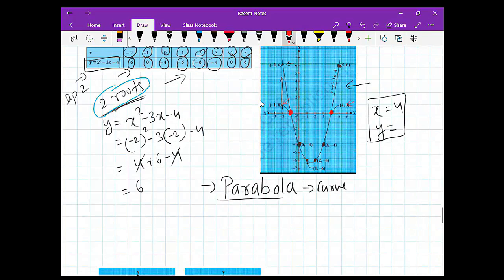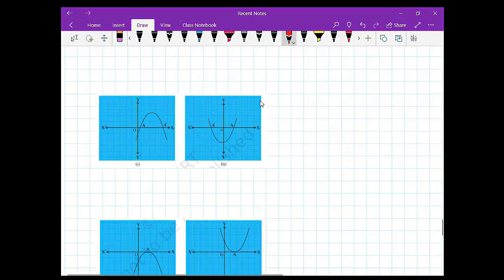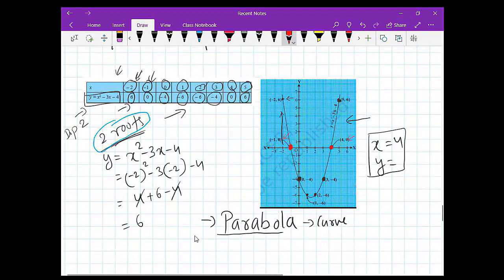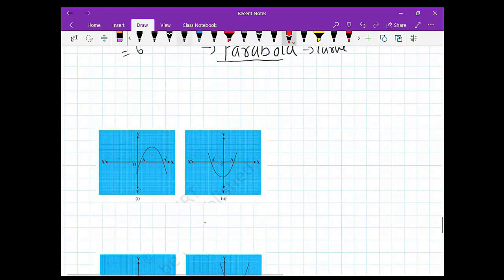See nature. Here the curve is facing upward, see in this diagram. Upward facing means in this quadratic equation a is greater than 0.